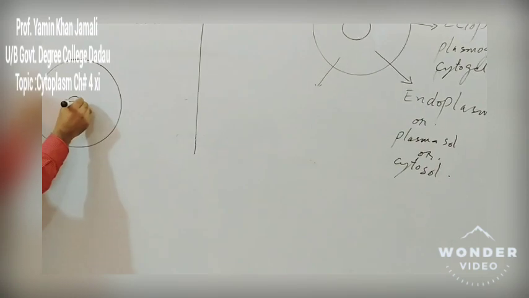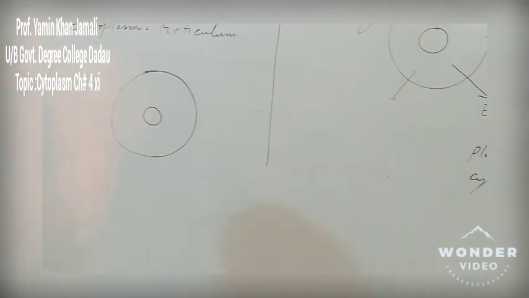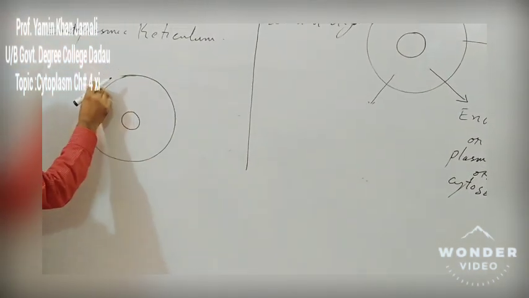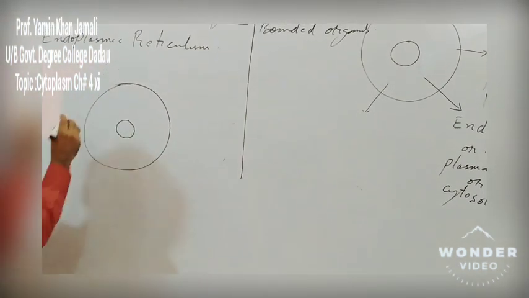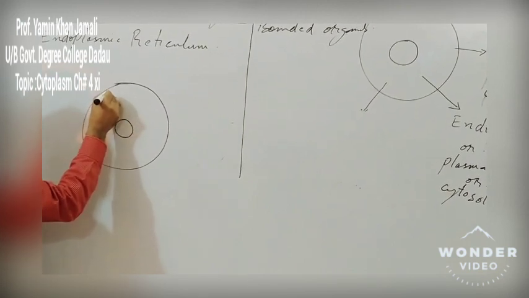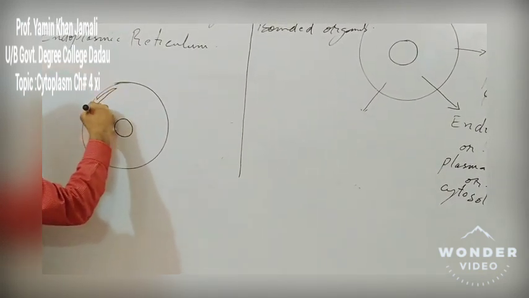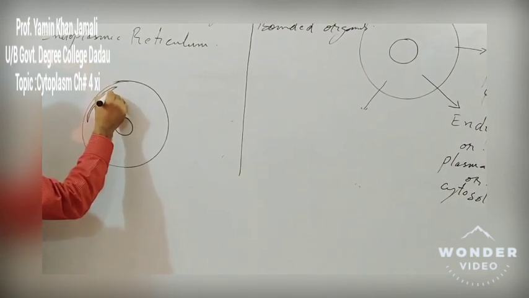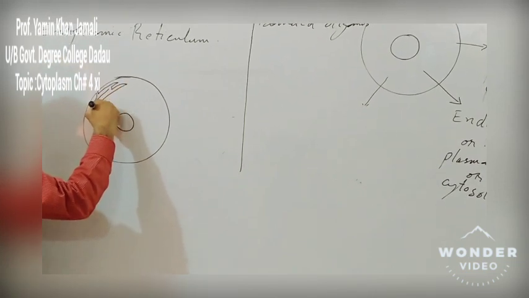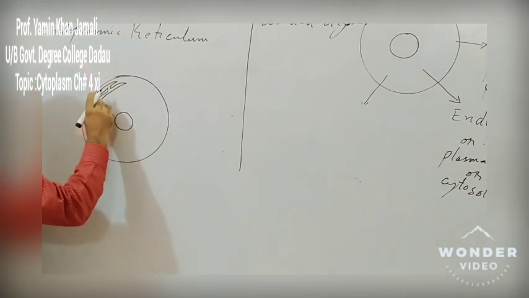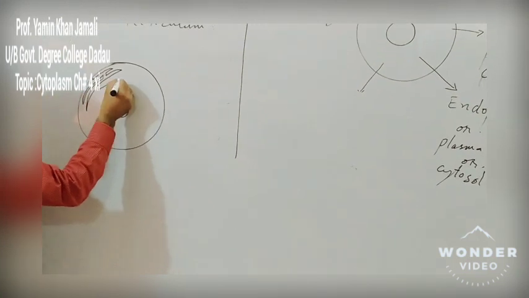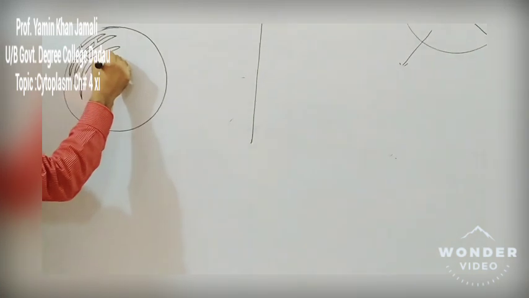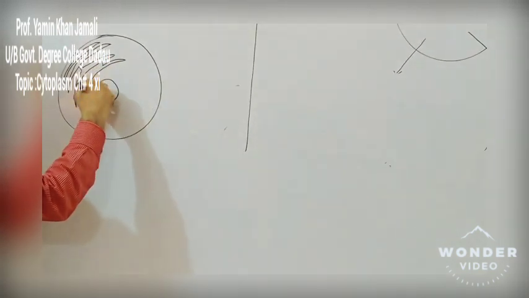This endoplasmic reticulum is a tube-like canalicular system that starts from the cell membrane and ends at the nuclear membrane, just like this. A tube-like network, a canalicular system.